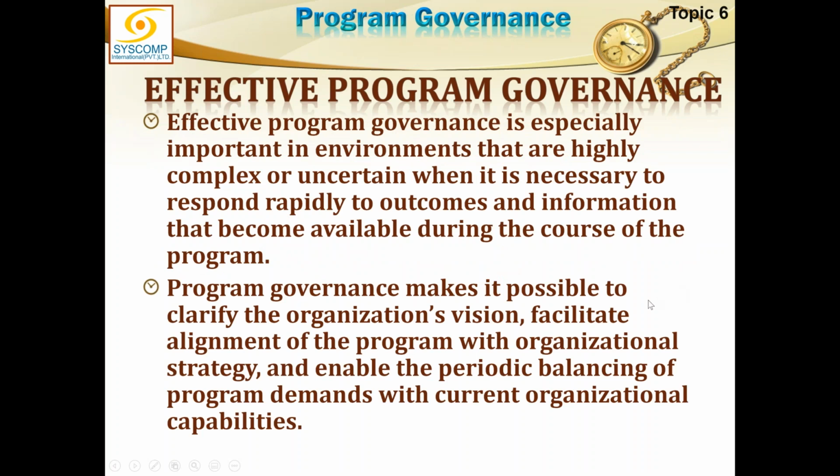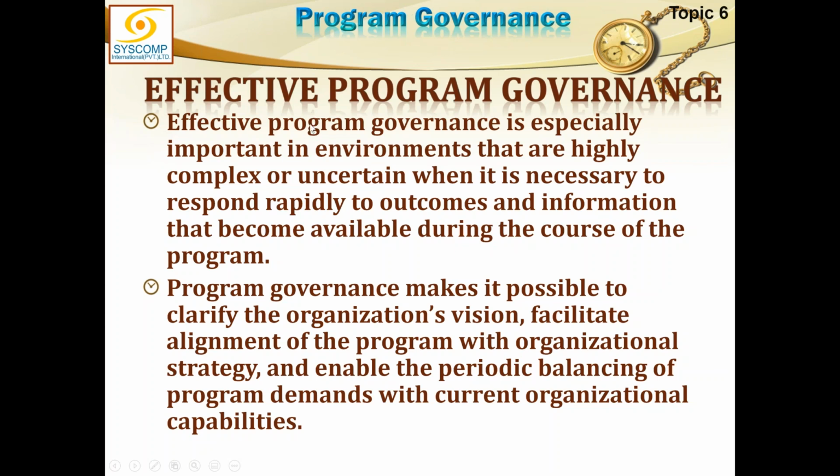Okay, little more on this governance. In addition to these points, effective program governance is especially important in environments that are highly complex and uncertain, when it is necessary to respond rapidly to outcomes and information that becomes available during the course of the program.